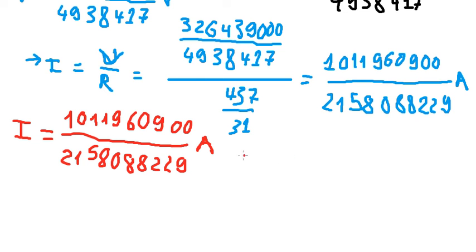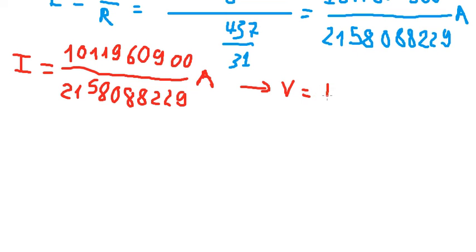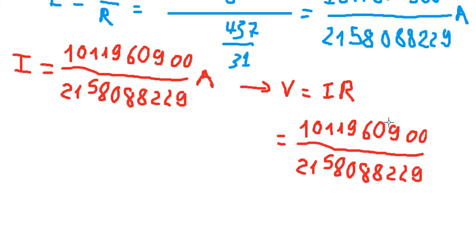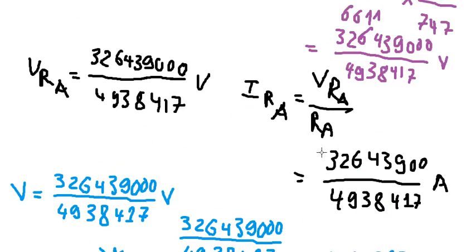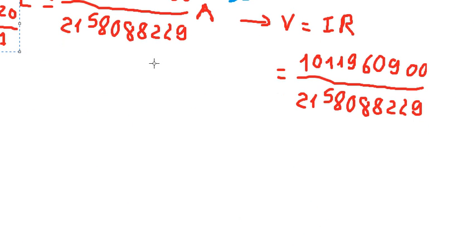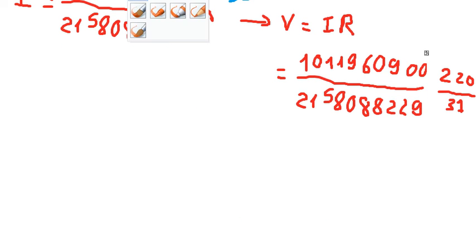Now we can calculate the voltage of the red one. That is I multiplied by R. So we have this one, and R is this one. So we calculate in here.